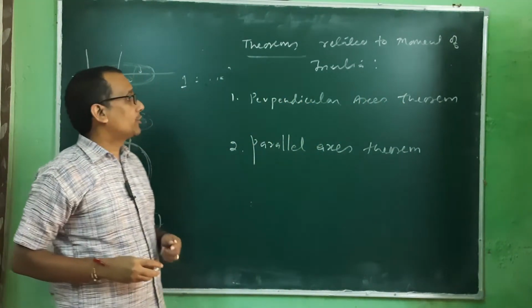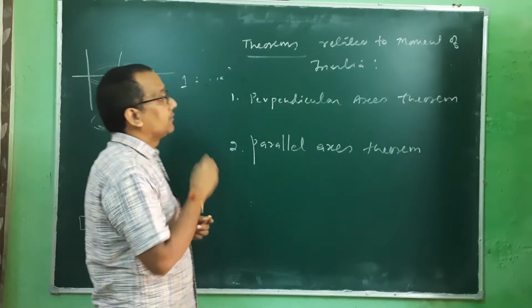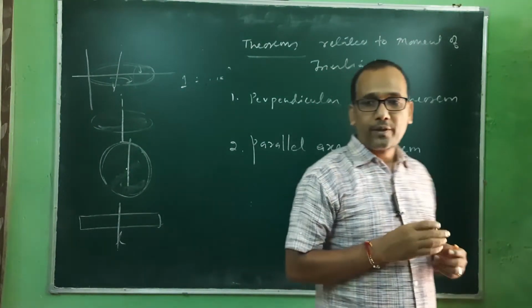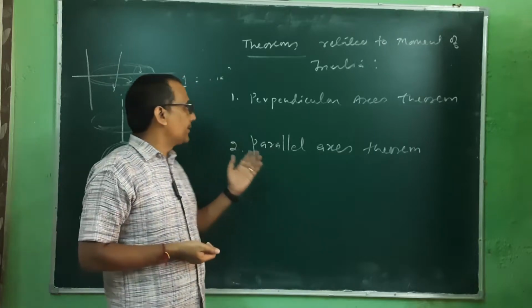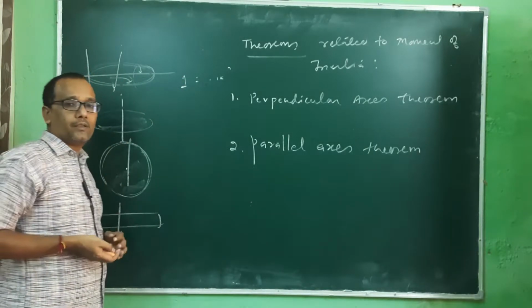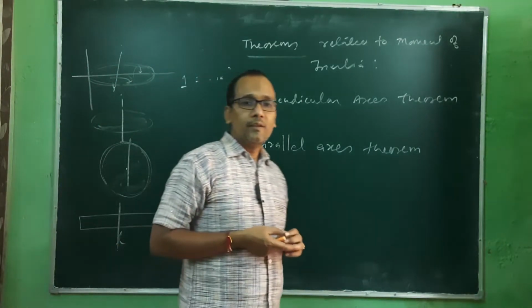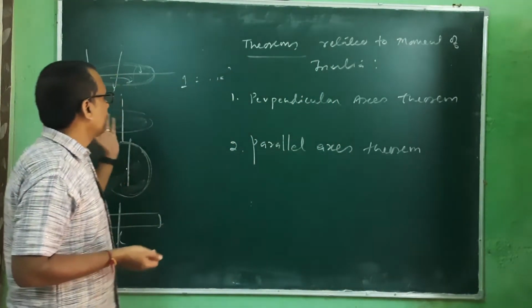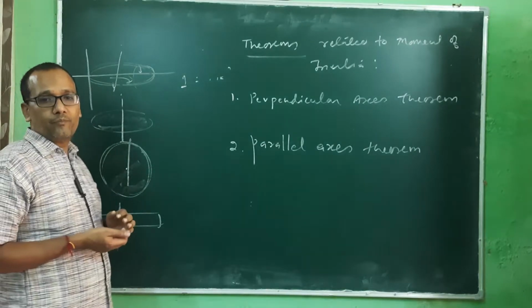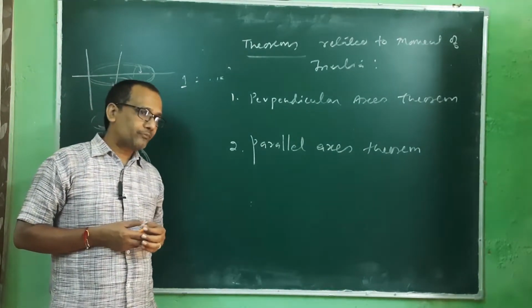So we have two theorems in this topic of moment of inertia, and these theorems are used to calculate the moment of inertia about an axis away from the center of mass.